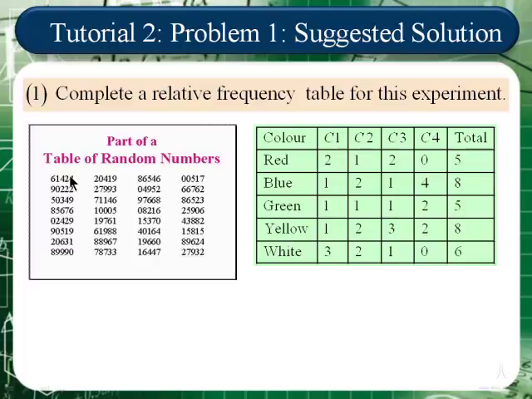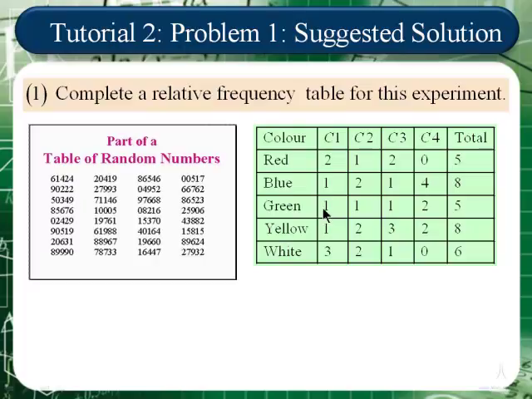So if we look in the first column, we find that 2 numbers end on 0 and 1, so there are 2 reds in column 1, while if it ends on 2 or 3, it will be recorded as blue. It's only the second one here that falls in that category.